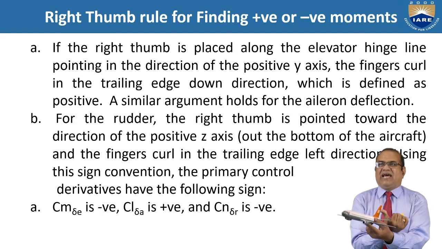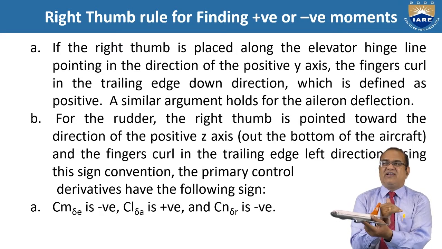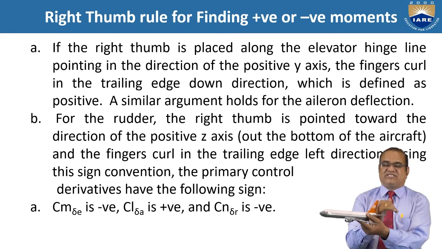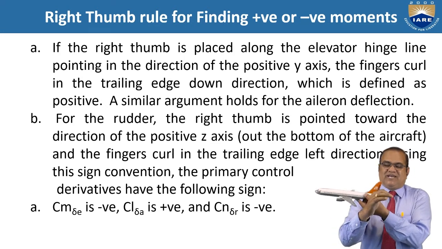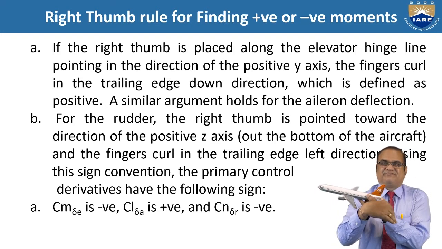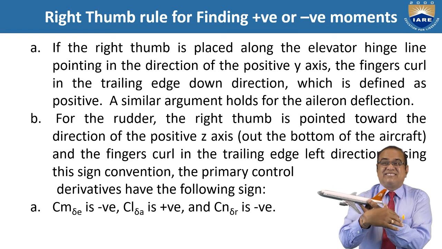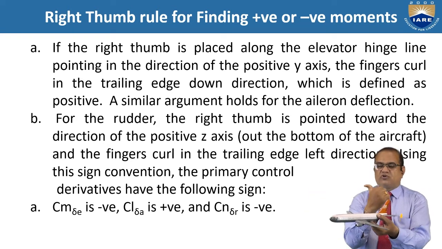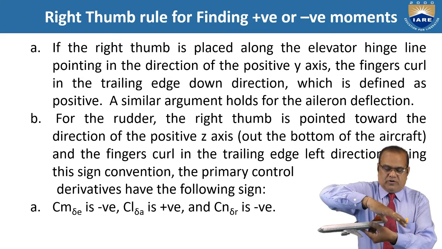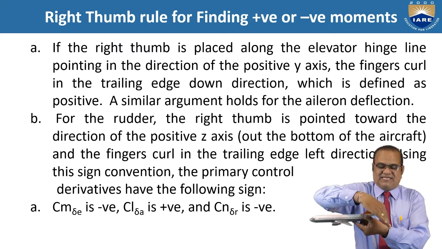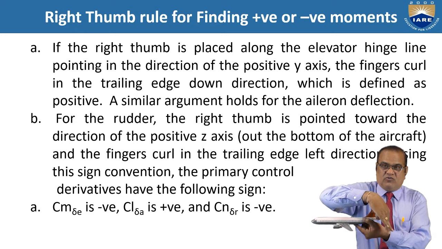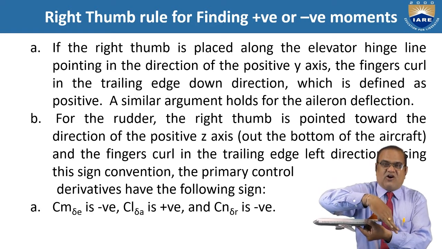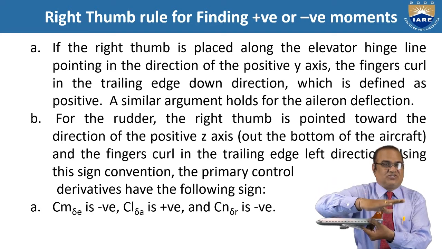Then the fingers curl with the leading edge down. Just you can see it is like this. Such is defined as positive. So if this is the positive y direction and you put your hand like this, your fingers are down.